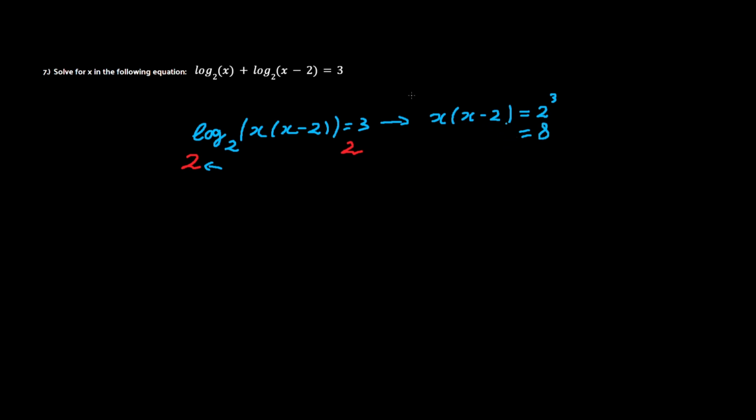Now that we have simplified it, we can expand the bracket on this side and we'll get a quadratic equation. And when we move the 8 to this side, we get minus 8. And all this is equal to 0. Of course, you probably know how to solve quadratic equations, but in this case, you can simplify this expression in the following way.